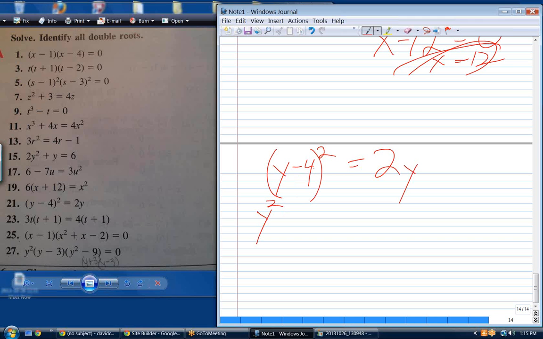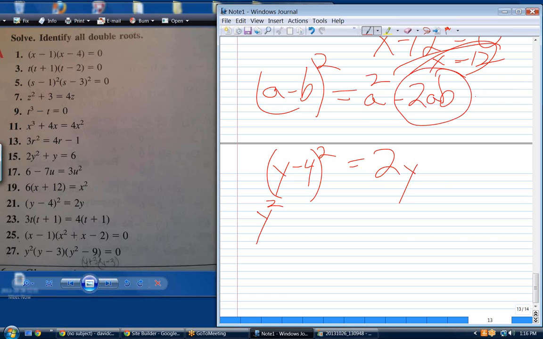Hold on, no. Remember, there's a middle term. If you were to FOIL a minus b squared, you'd end up with a squared minus 2ab, there's the middle term, plus b squared. So we need a middle term. Notice that this is not the same as y squared minus 4 squared. This is y minus 4 quantity squared.